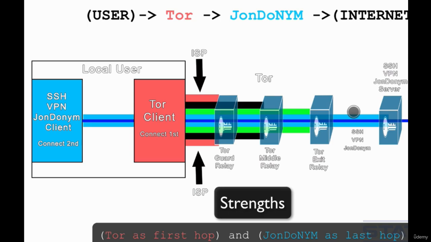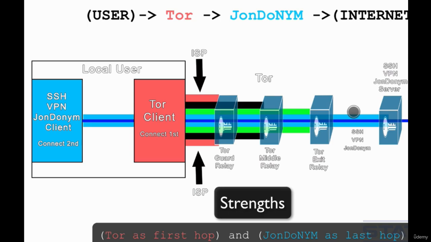Between these two layers, the Tor exit relay and the SSH, VPN, JonDonym server, the Tor connection is stopped and cannot reach its destination by this layer if Tor is first hop and SSH, VPN, JonDonym is last hop.